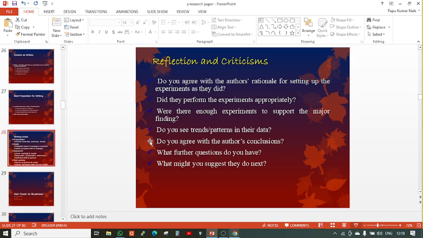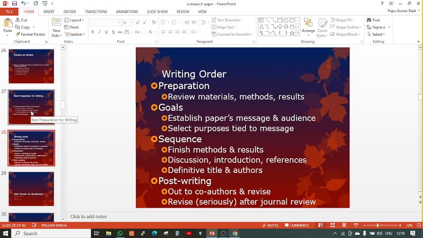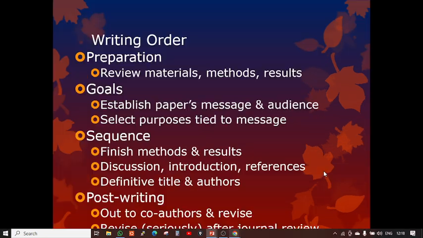Before going further, this is the writing order. So how do you write a particular research paper?